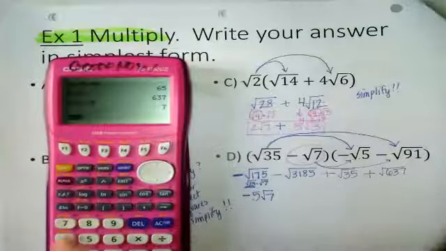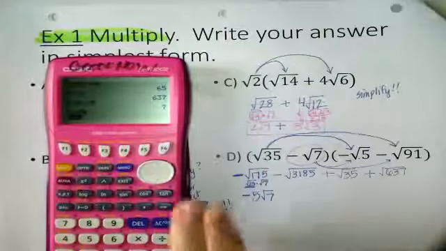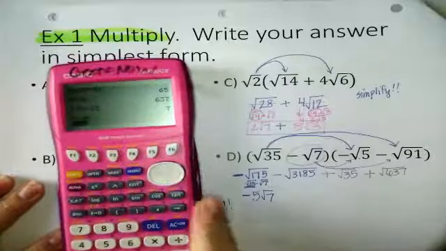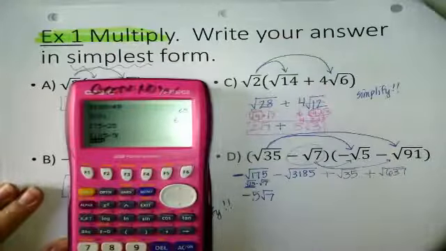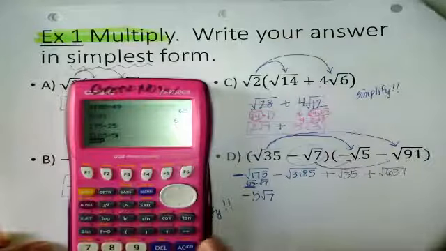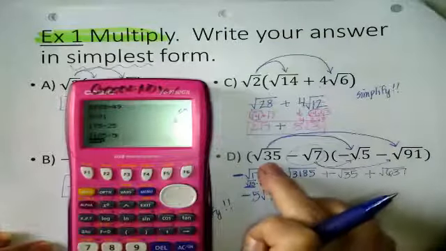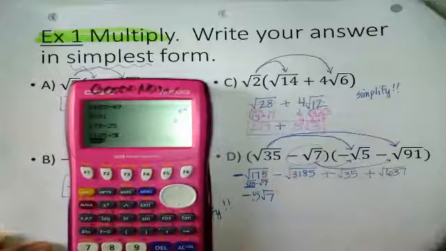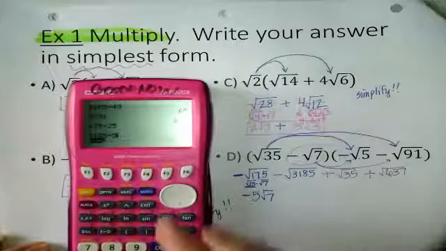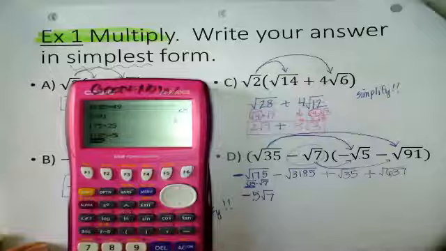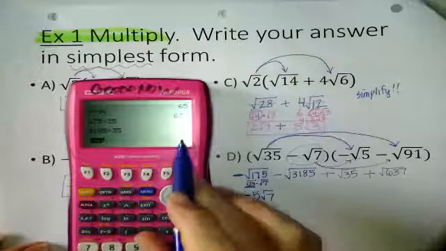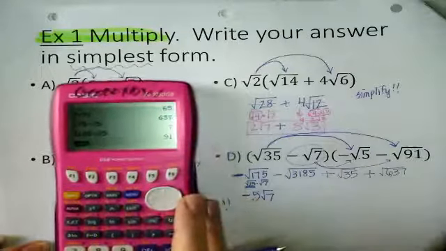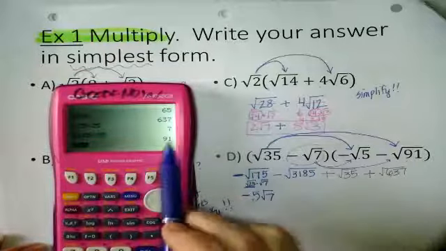Now, 3185, just to walk you through this process, I knew it ended in 5, so it had to be divisible by 5. And it also had to be divisible by 7 because I multiplied by 35. It's divisible by 35. But then I noticed, so let me go ahead and divide it by 35. We know it's 91. Well, 91, I'm thinking of things that give me a 1 in the ones place when I multiply.